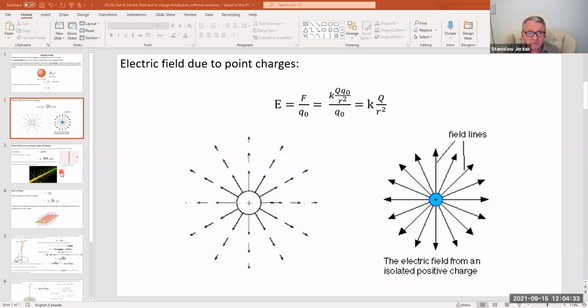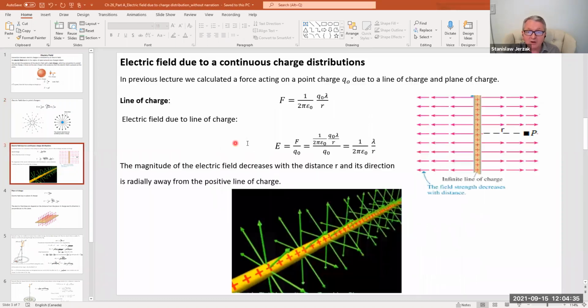But my true purpose is to now calculate the electric field due to a line of charge. So here you have this line of charge. And remember, in previous lectures, we calculated the force exerted by a line of charge acting on a certain charge Q0.